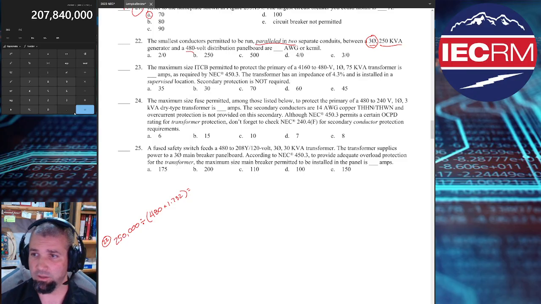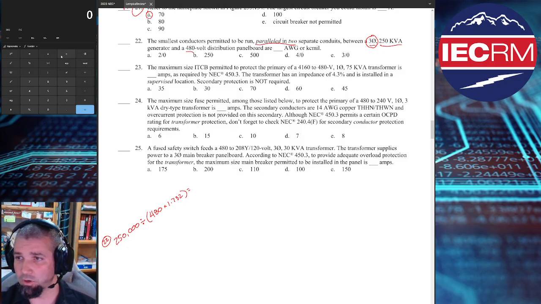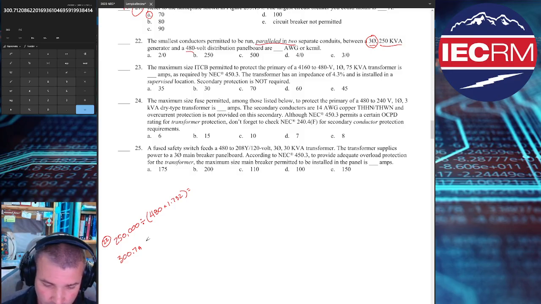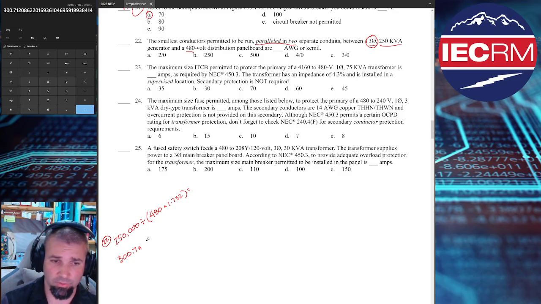Okay, it's a big number and I did it wrong. I hit multiply instead of divide. How could you let me do that? 250,000 divided by 480 times 1.732. That was about to get crazy and intense there for a second. 300.7 amps. Okay, so far so good, other than that math wasn't so good.